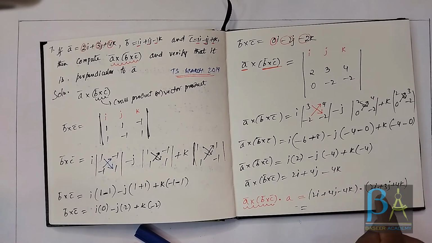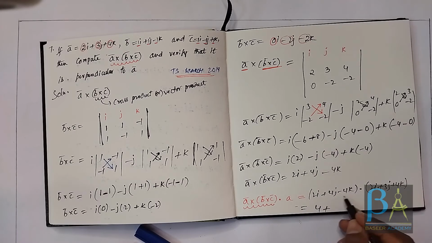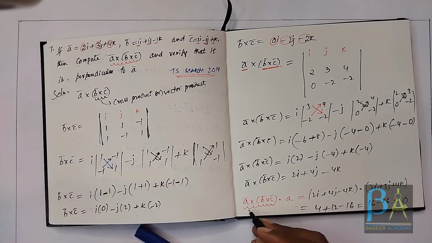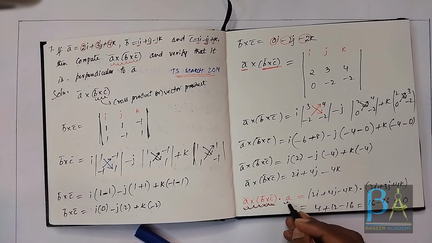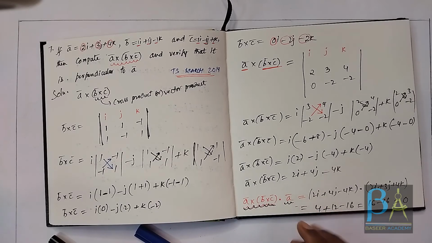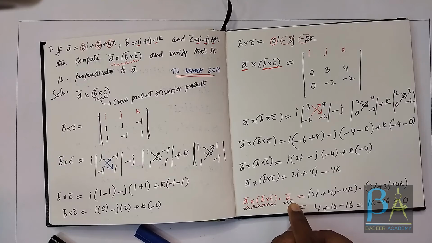You multiply I with I, J with J, and then K with K. So 2 into 2 gives you 4, 4 into 3 gives you 12, plus into minus is minus, 4 into 4 is 16. 12 plus 4 is 16, this minus 16 I'm writing as it is, 16 minus 16 is 0. Since the dot product of A cross B cross C and the vector A is 0, you can say that A cross B cross C is perpendicular to the vector A.